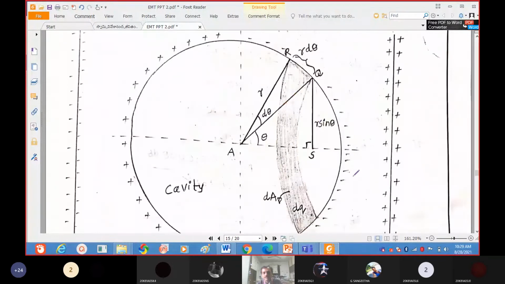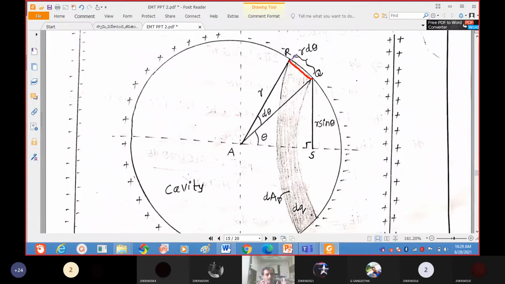First of all, let us assume a small area dA. This area means a spherical shape, like a ball, like a football.